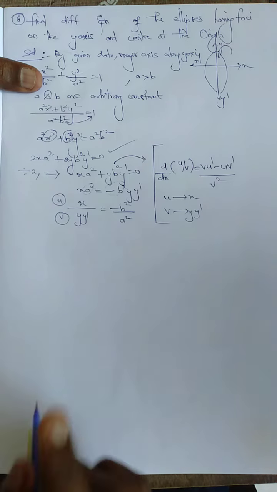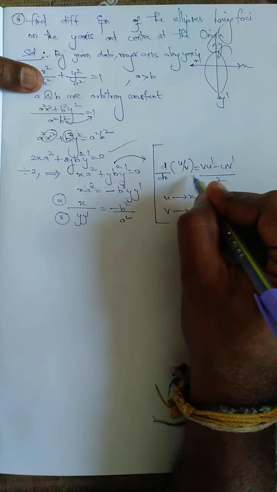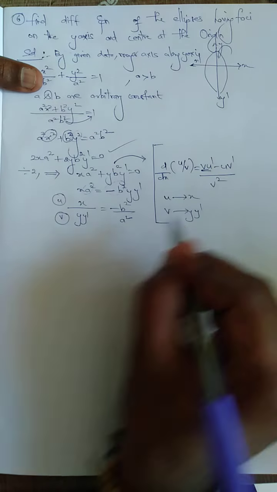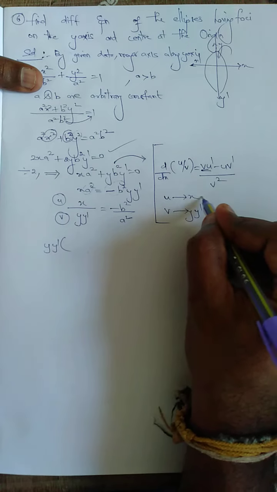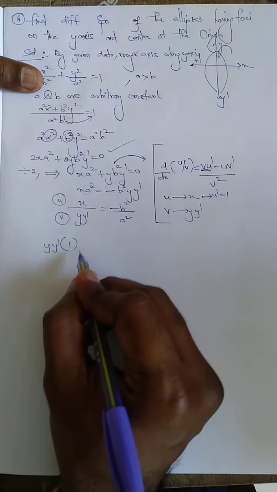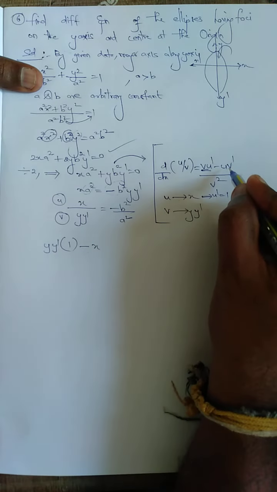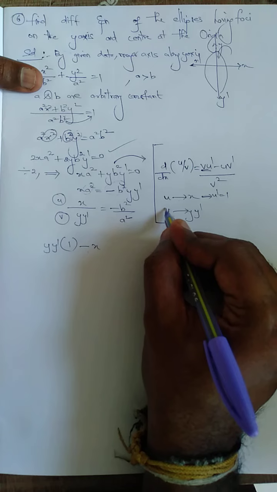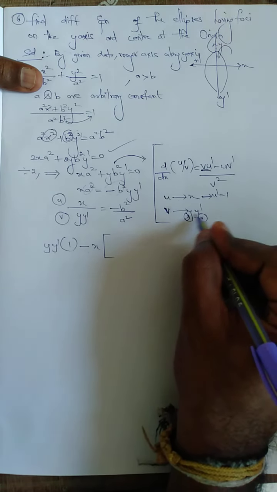Listen carefully, this differentiation is the toughest part. First write v, which is y dash, times u dash, which is 1, minus u, which is x, times v dash.